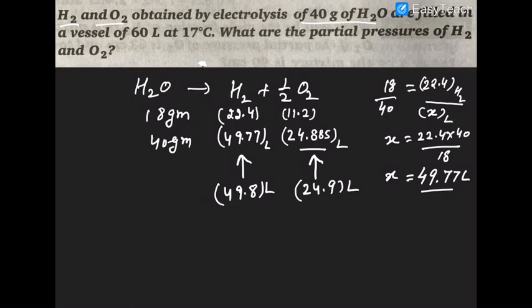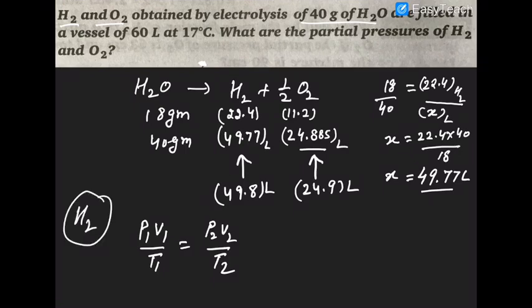Now if the given condition is P1, V1, T1 and the STP condition is P2, V2, T2, first you will do it for hydrogen. What is the given condition? Pressure we have to find out. Volume 1 is given to us, 60 liter of the vessel.